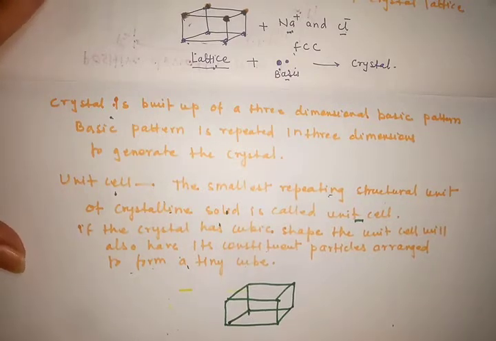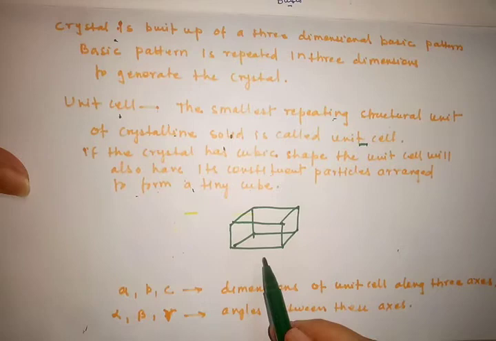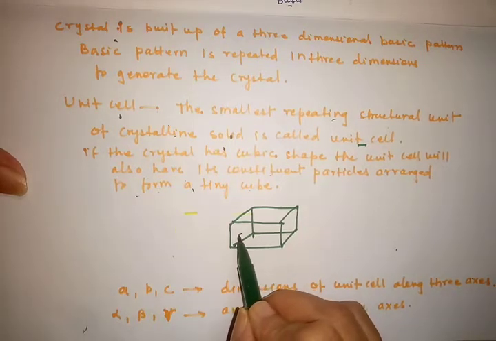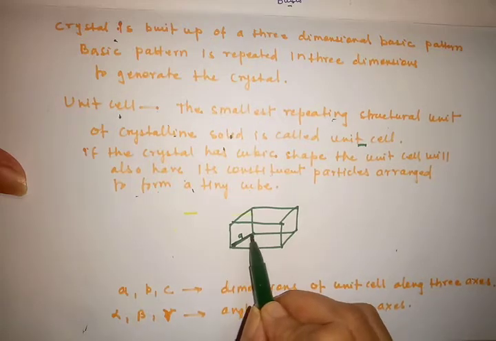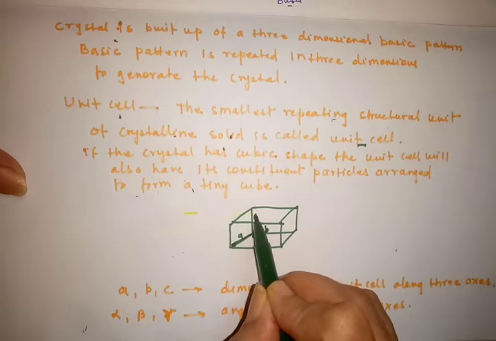Now this a, b and c are the dimensions of the unit cell along the three axes. Suppose you consider this as a, in other words you can say the edge length also. This is the a axis, this the b axis and this the c axis.